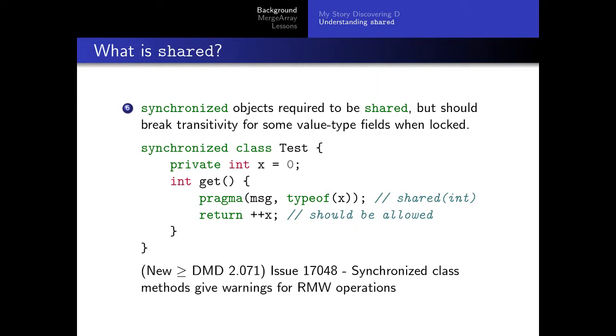All the values that it uses have to be private. But one thing about synchronized is that it really only makes sense to use a synchronized object when it's shared, because if it's thread local, then there's no reason to have the lock in the first place. But actually, the compiler requires that if you want to instantiate this class, for example, it has to be a shared value.